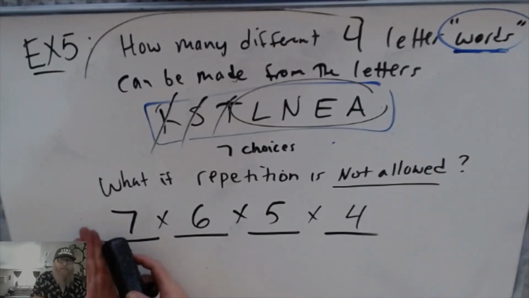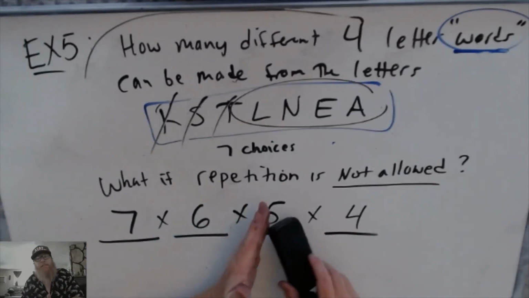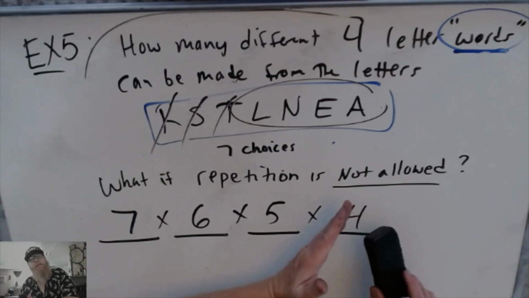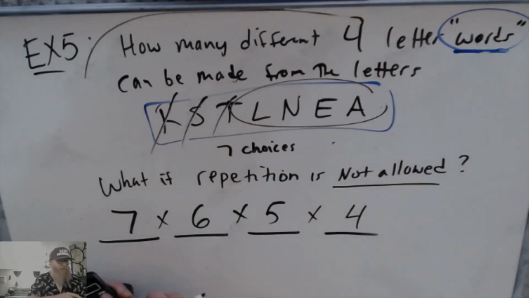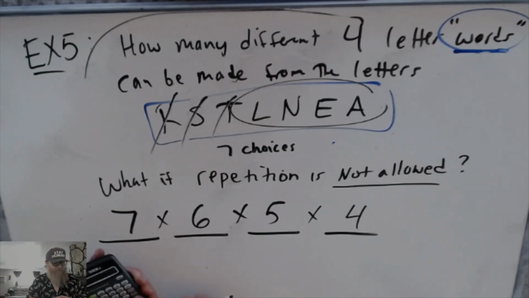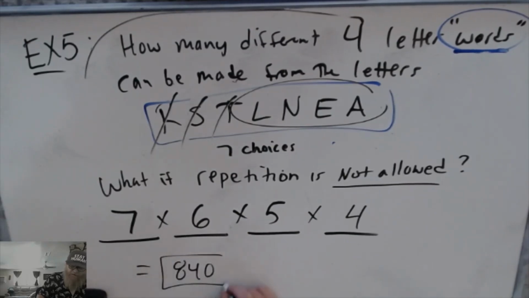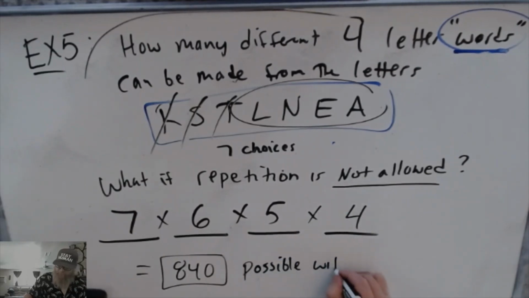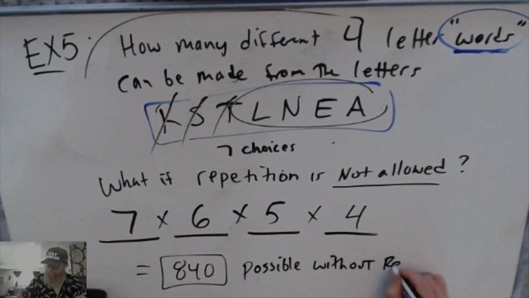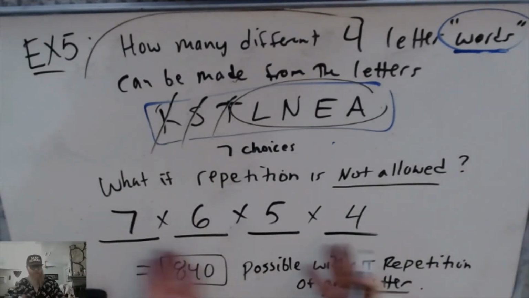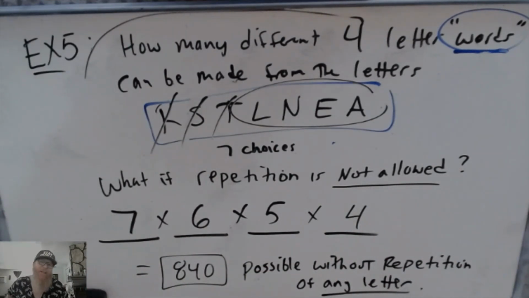But you have 7 choices, then 6 choices, then 5 choices, and then 4 choices. So this one would give you 7 times 6 times 5 times 4, 840 possible words without repetition of any letter. So the same letter cannot be used twice in this example. You get a lot less words, right? It just dropped significantly.